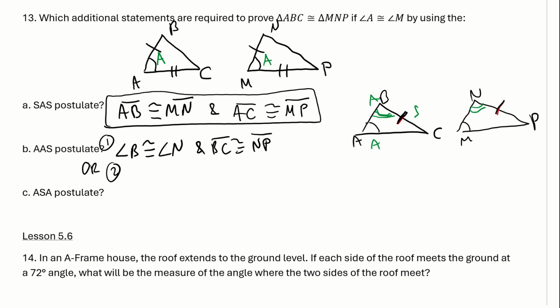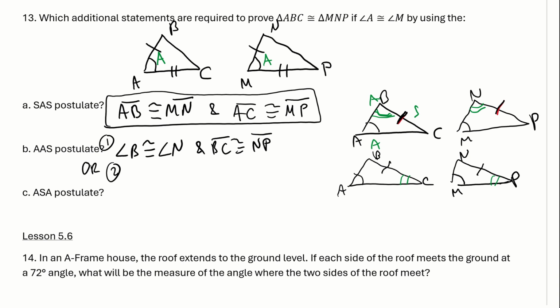Or the other case, I could find out this angle, and that would be AA. And then I can get this angle and this side, AAS.